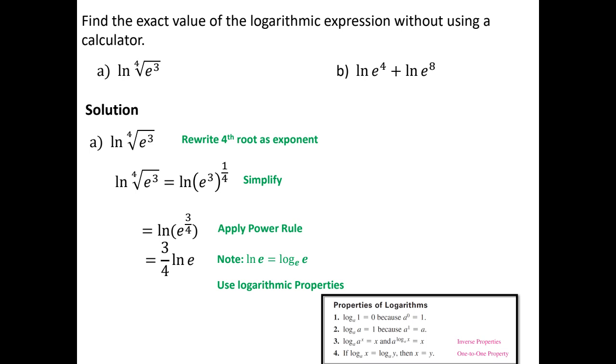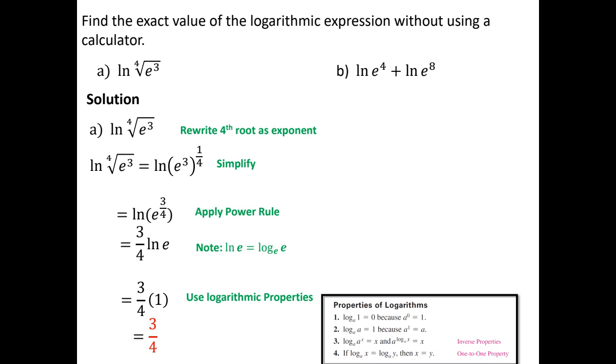So I have 3/4 times the natural log of e. And then this one is also the inverse property for logs, that says that if I have a log with its inverse exponent, that's going to become 1. So 1 times 3/4, my answer is 3/4. Easy stuff, I hope.